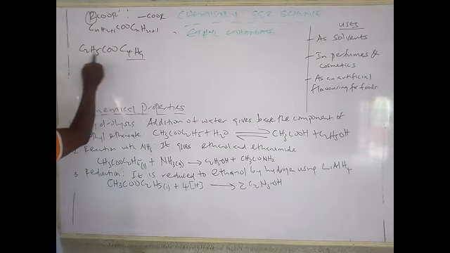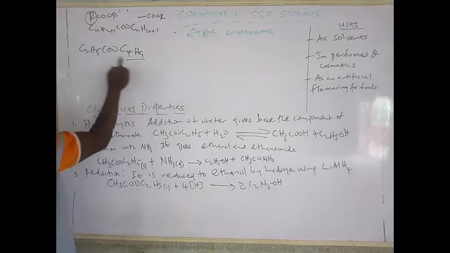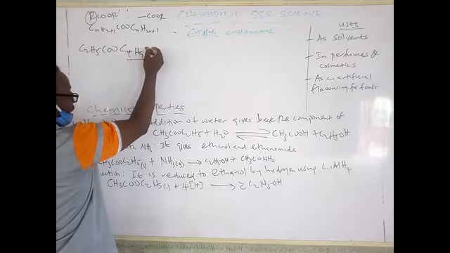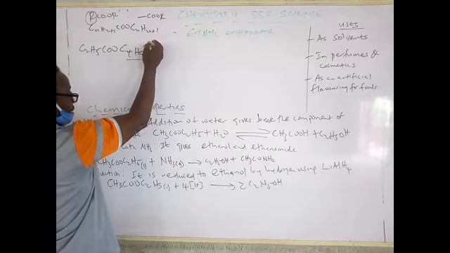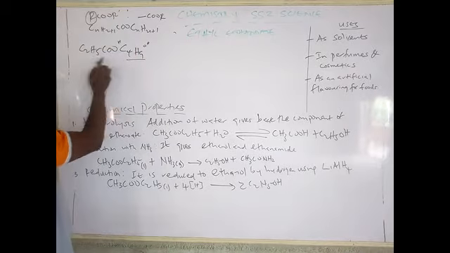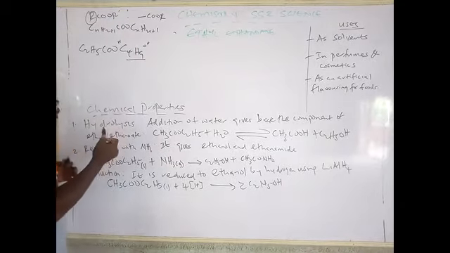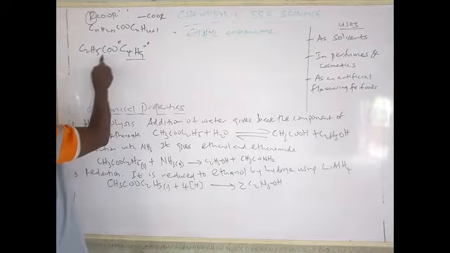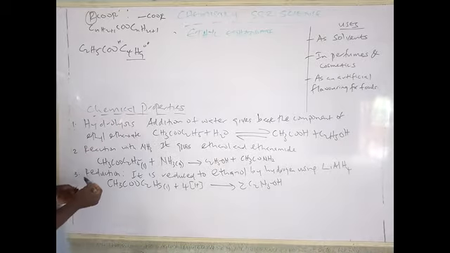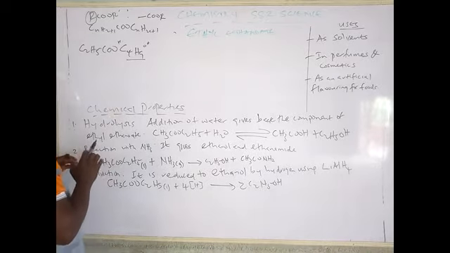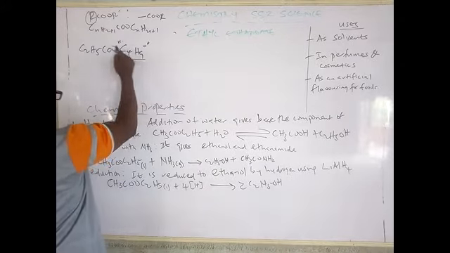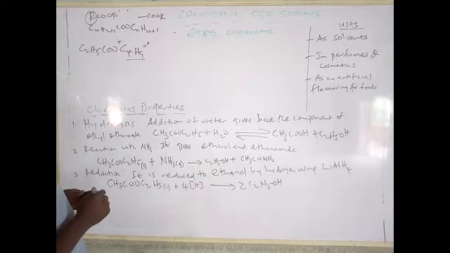The remaining carbon atoms here is 3, so that makes it butyl propanoate. And if you remember also, I said the OH is removed from the alkanol. So this is butanol, and the H is also removed from the acid. So the component elements of butyl propanoate are butanol and propanoic acid. That's the simplest way of knowing it.